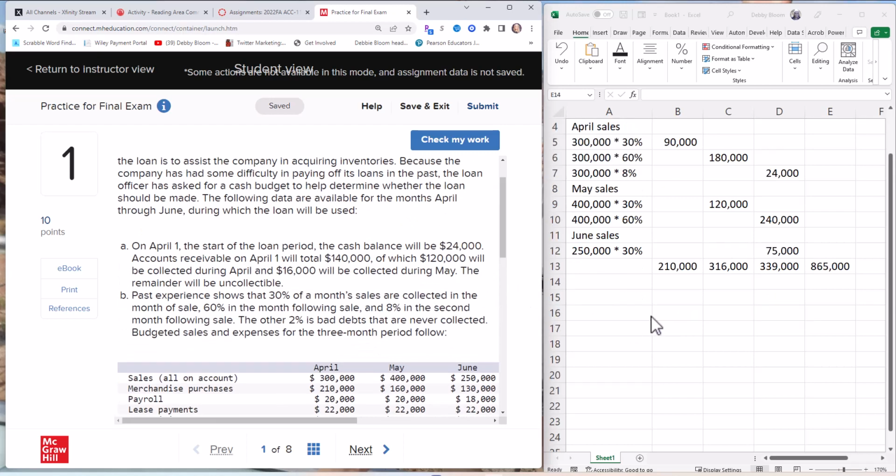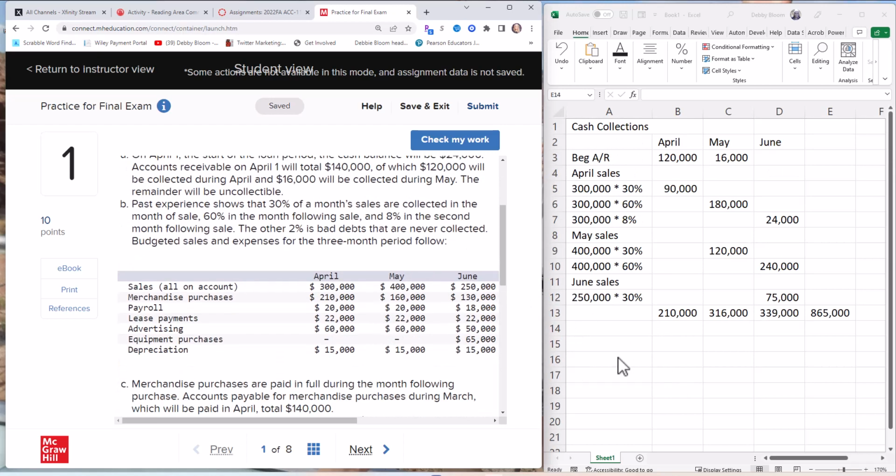So what I'm going to do is do it here, so we can actually just copy the numbers instead of scrolling back. The next one that I have is cash payments for purchases. We're told merchandise purchases are paid in full during the month following purchase.